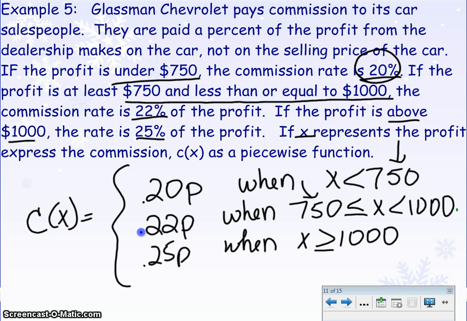It says the profit is under 750, so we do not use the equal sign for the first one. The second one says it's at least, so it has to be 750 or up to, or equal to, 1,000. And because it said equal to 1,000, it's less than or equal to 1,000. And then the bottom one is X greater than 1,000 because it says when the profit is above 1,000.